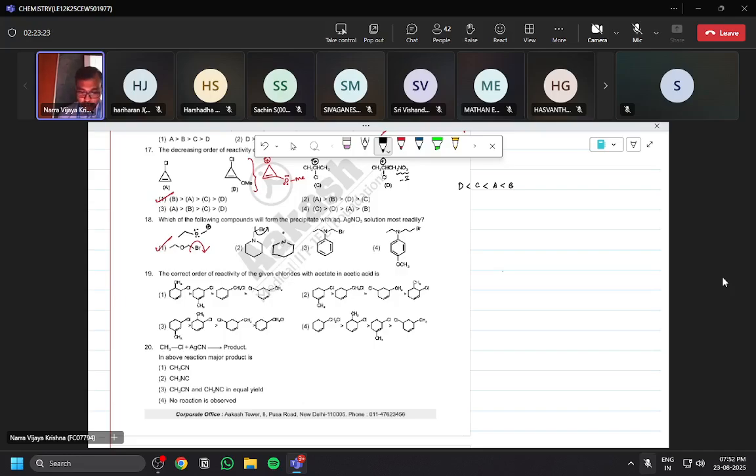Because here you will get positive charge. Nitrogen can donate lone pair, making positive charge over N. This is also possible. Here also it is possible. You got positive charge over N. Here also it is possible. Right?